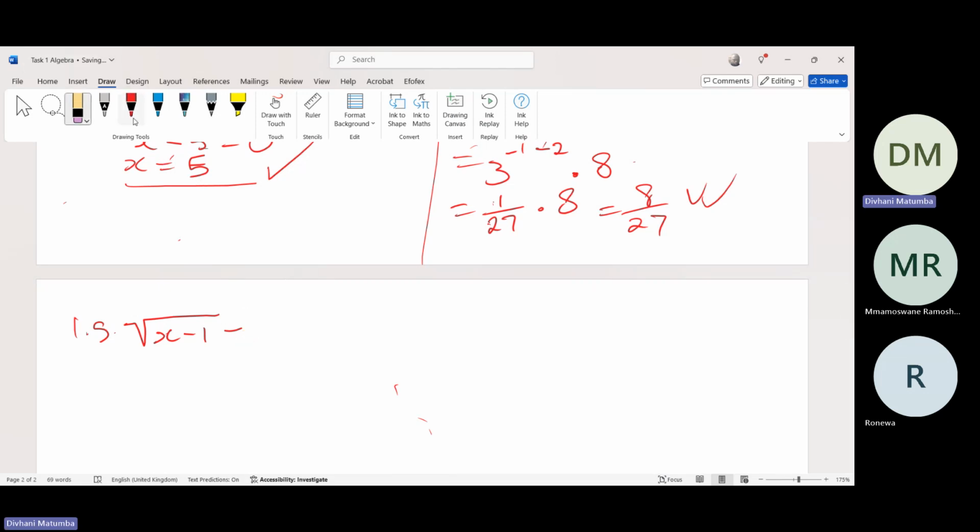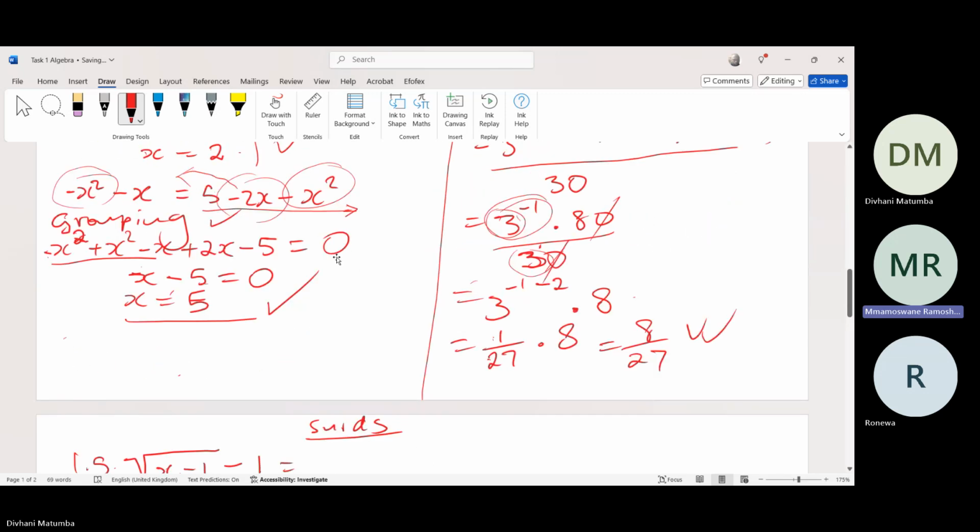I don't know what you call them. Is it not the square roots of numbers that cannot be simplified?